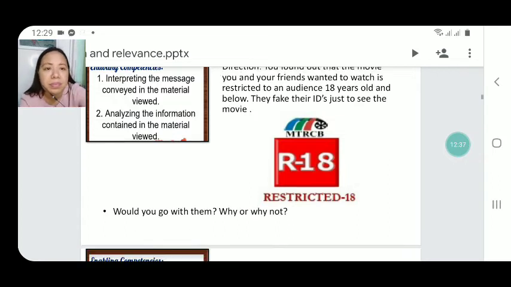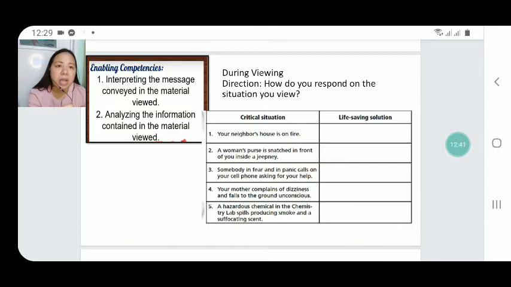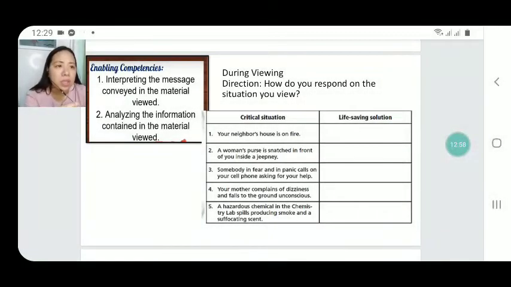Okay. So there is also a learning task wherein there is a quizzical situation and you need to have a solution. In these learning activities, we can analyze more the information that we obtained from the material grid that was presented. So in this table, the first one is your neighbor's house is on fire.